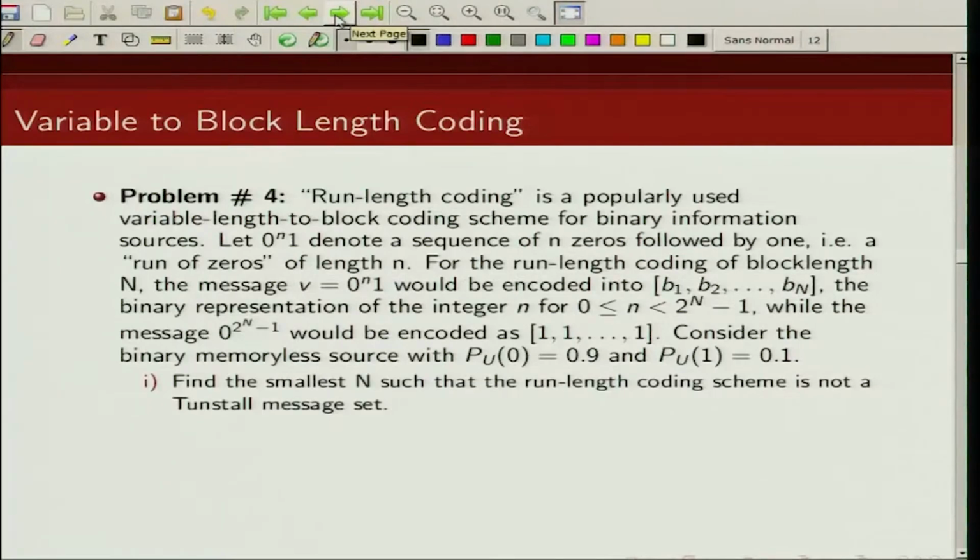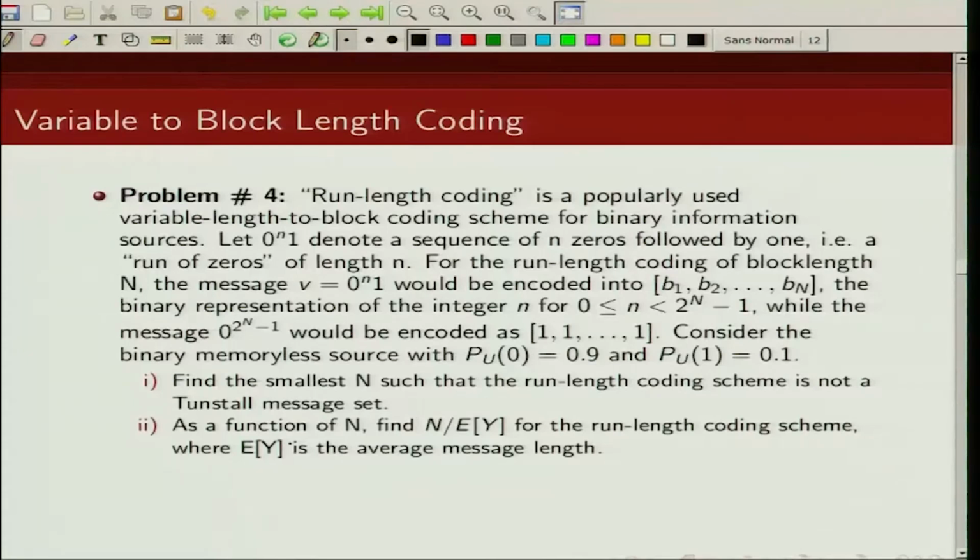Now the question is as follows. Find the smallest n such that the run length coding scheme is not a Tunstall message set.